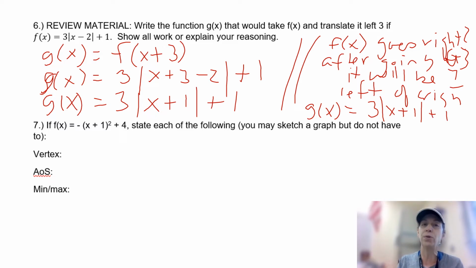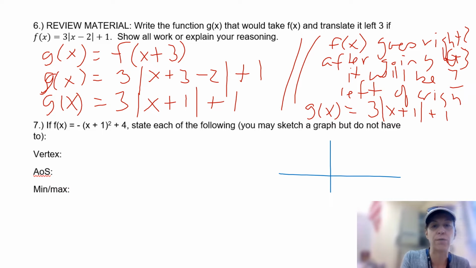Okay, and so you can reason this. I want you to do things the way that makes sense to you, and not be locked into this is the only right way to show this. If you can show that you understand how to move the graphs left and right, and you can apply those transformations, I don't really care how you do it. Somebody else might do something like this, where they graph the original. The original goes right 2 and up 1.